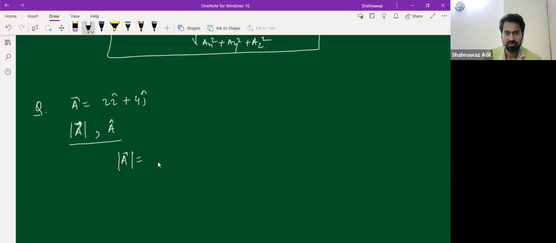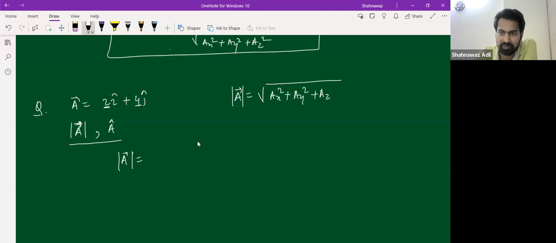So 2i cap, right? So we have this x component as well as this y component. And what is the magnitude? So we should add them: ax squared, ay squared, az squared, right?